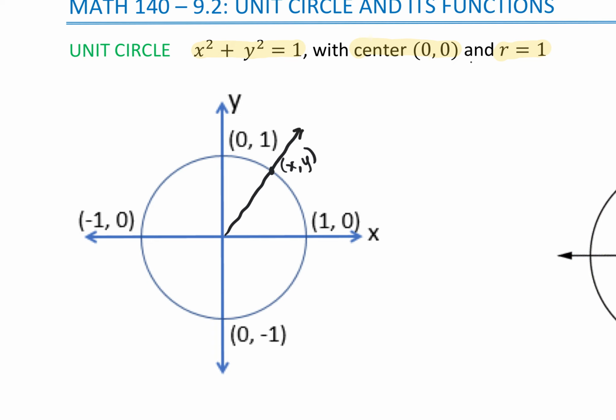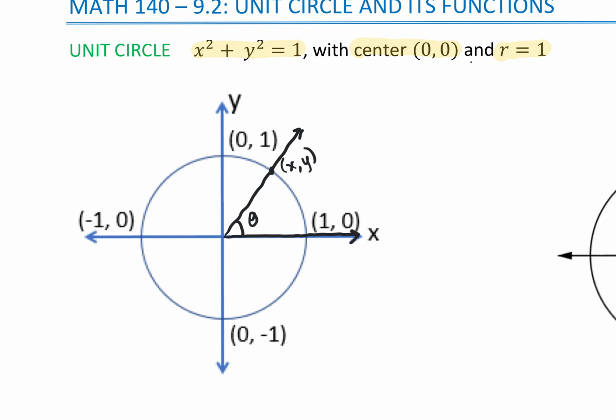Then what I've done is I've created this angle where the initial side is our positive x-axis. So this is similar to what we did in our prior section. And the terminal side passes through this point (x, y). We're going to have some angle theta that we create from these rays with its vertex at (0, 0).